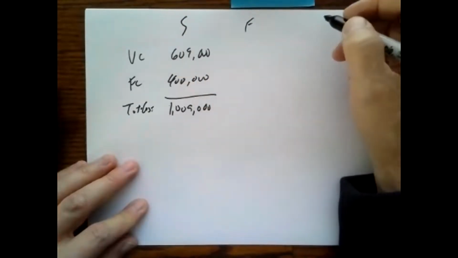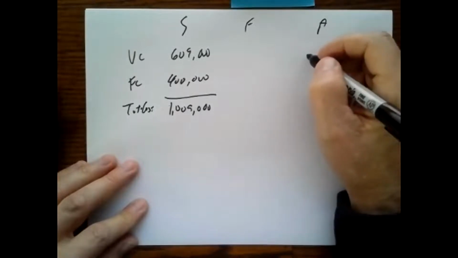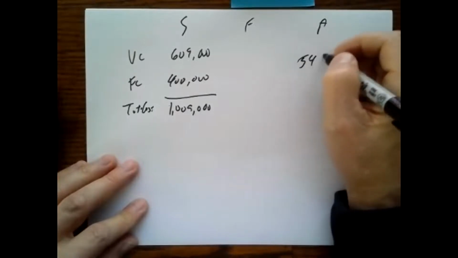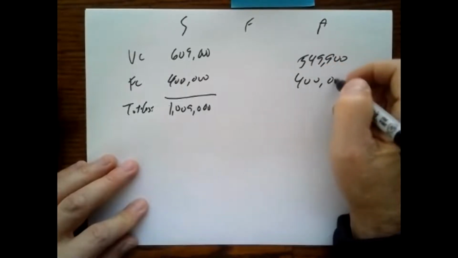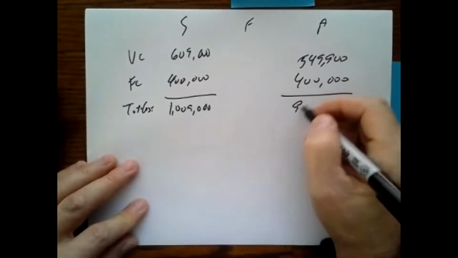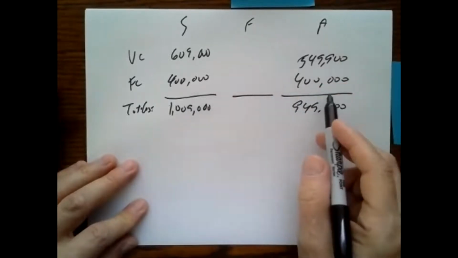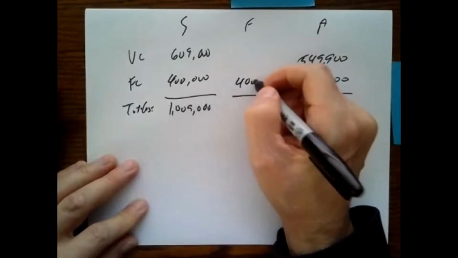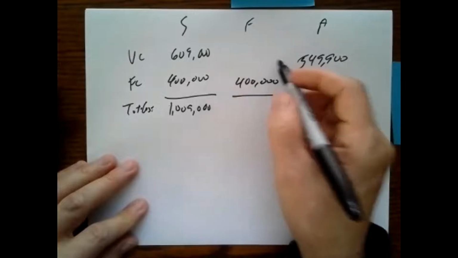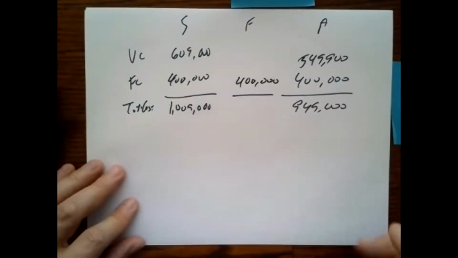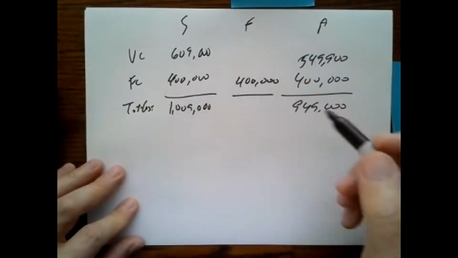We'll need our flex, and our actuals were 549,900, 400, and 949. So fixed costs came in correctly. And so we really just need our flex variable cost.